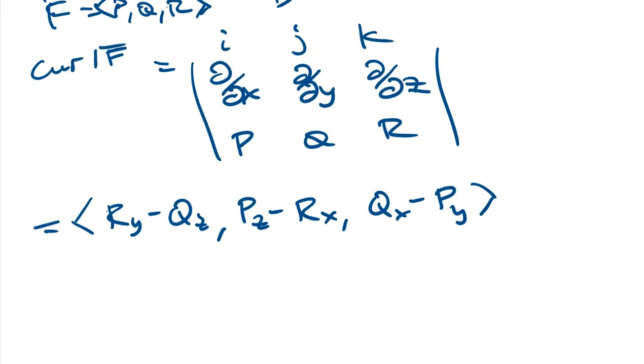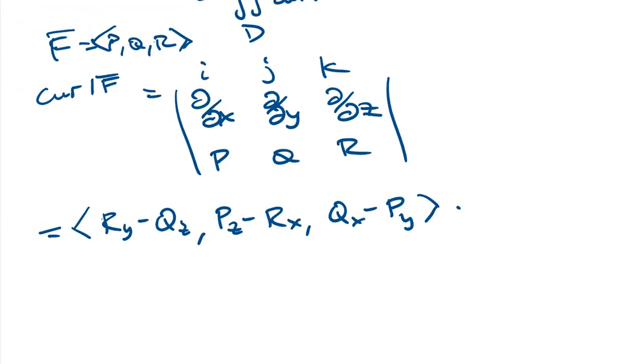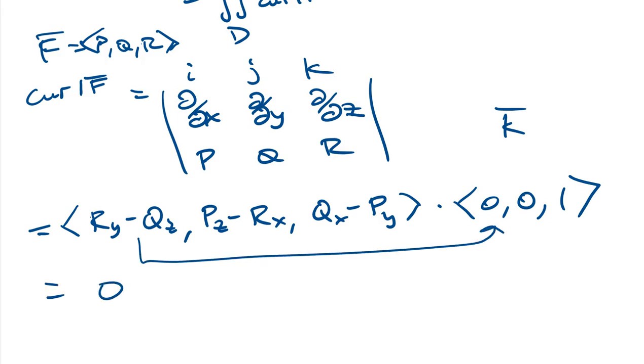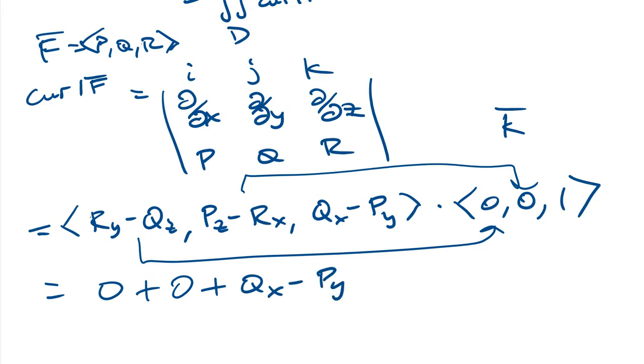Okay, now if I dot this with the k vector, the k vector is just 0, 0, 1. If I dot this, I get 0, because this times 0 is 0, plus this times 0 is 0, plus, and then this is q sub x minus p sub y.